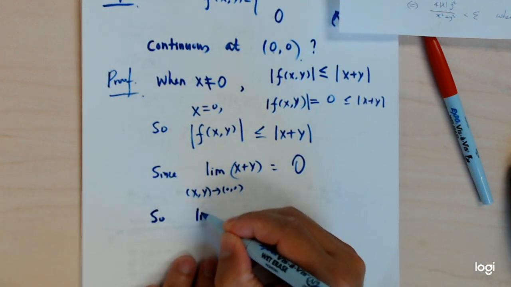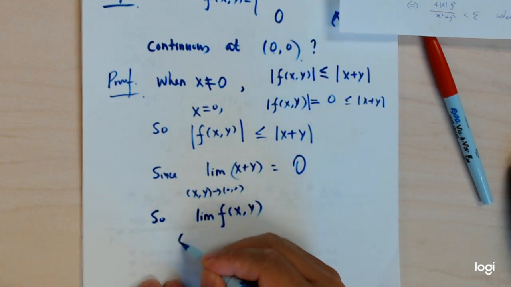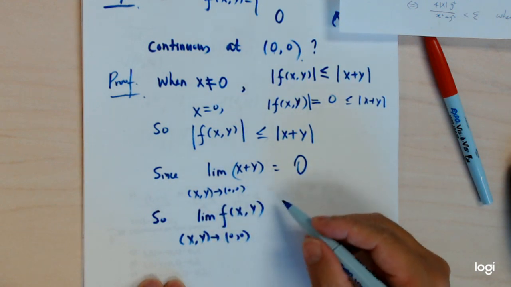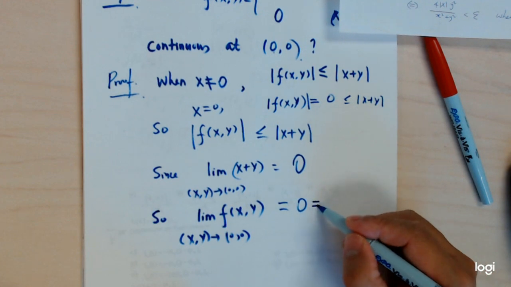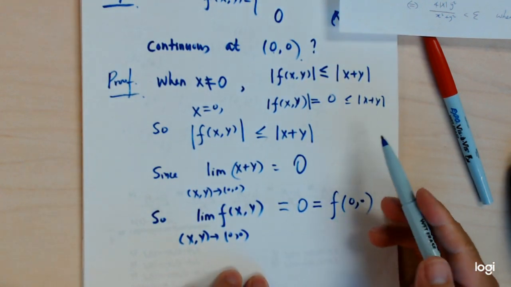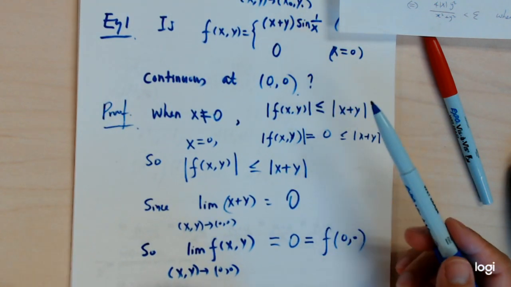So we claim the limit of the function at the origin is also 0, okay? By the squeeze theorem, which matches with the function's value f of 0, 0, because f at x equals 0 is always 0.